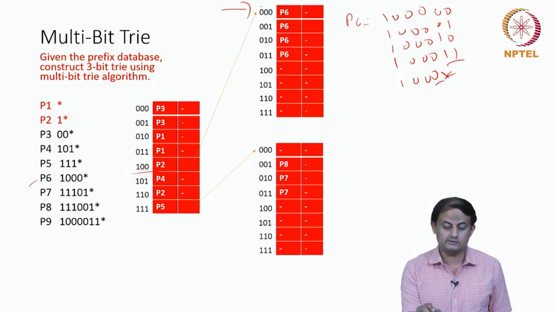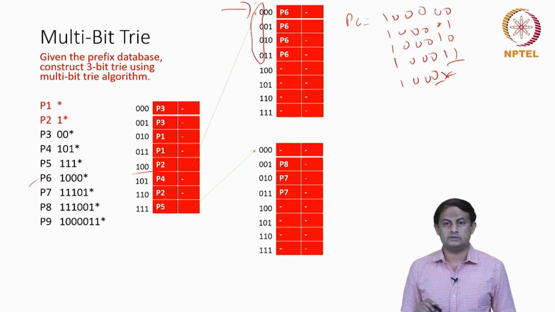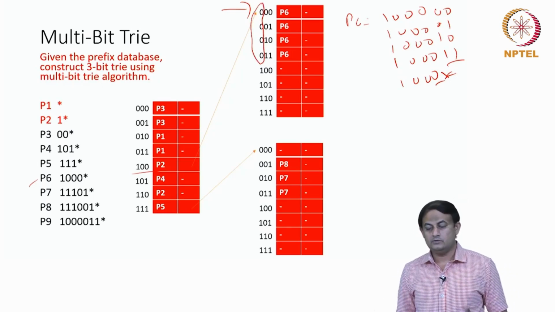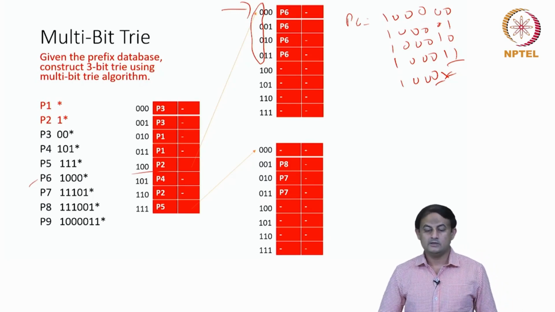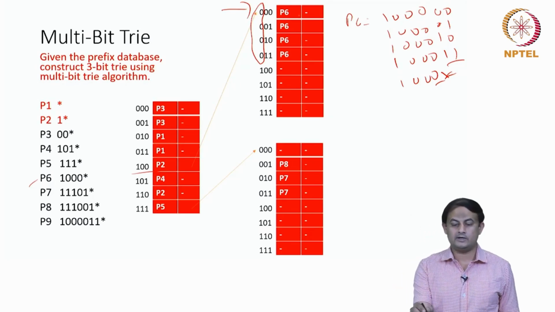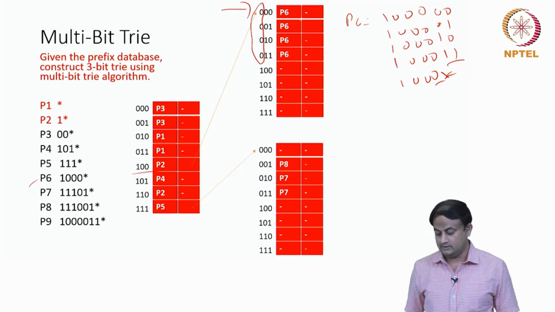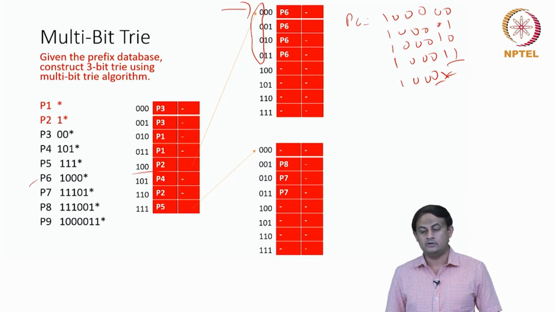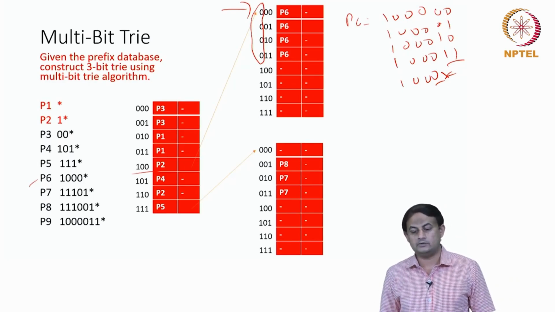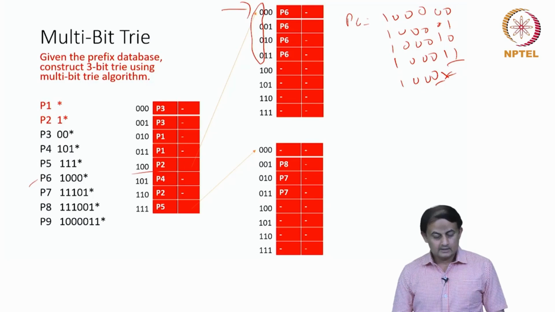Precisely in these 4 locations, the 4th bit is 0, and I don't care what the next 2 bits are. For all those cases, I write them as P6. So all of them are routed using the prefix P6. That is the best match you can find for any IP address starting with 100.